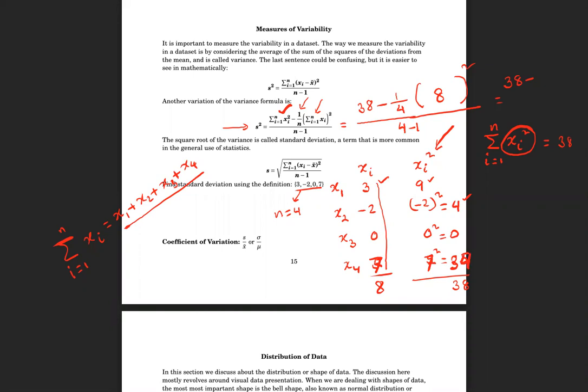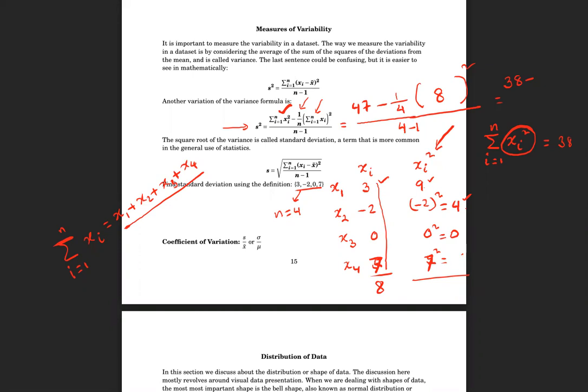So 34 plus 4, 38 plus 9 is 47. This should be 47. Let me just double check to make sure that I didn't make any mistake. 47. Yeah, I think it's 47. Really? You're kidding me. What's wrong with me? Yeah, that's a mistake.